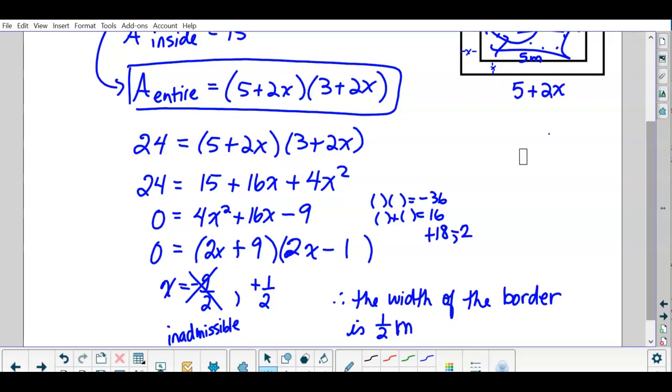Last thing I wanted to show you is back when I was a young teacher teaching stuff like this. Instead of putting A entire, I put this. You'll get a little chuckle out of it. So I put the area of the inside, equals, then I put the area of the whole thing equals, and then students started laughing.